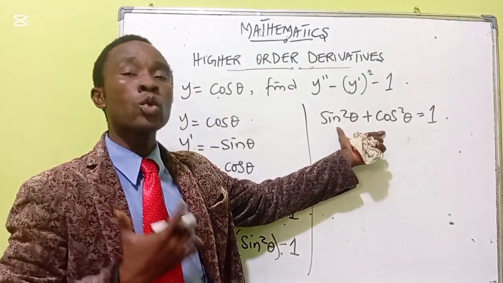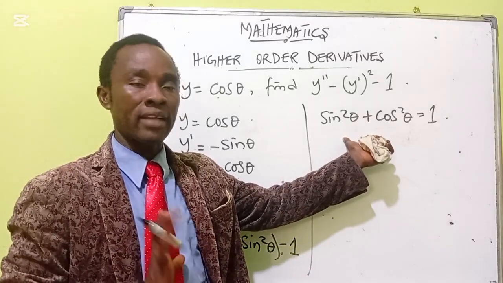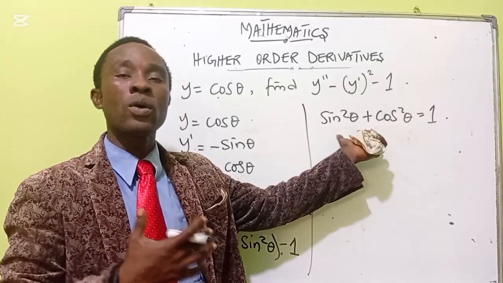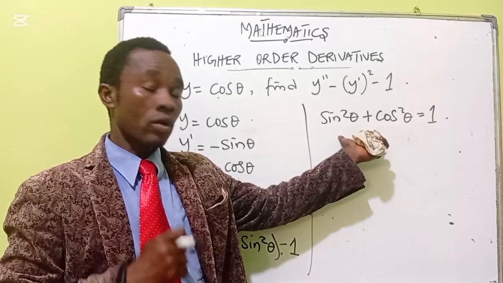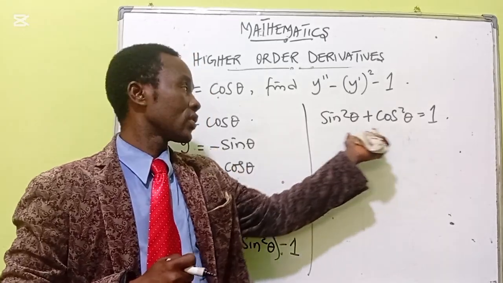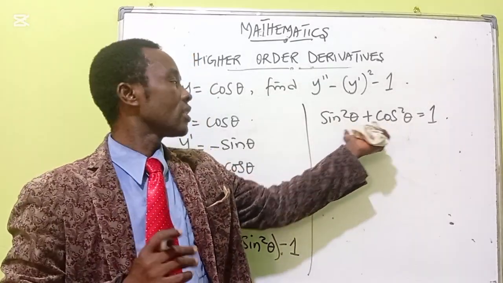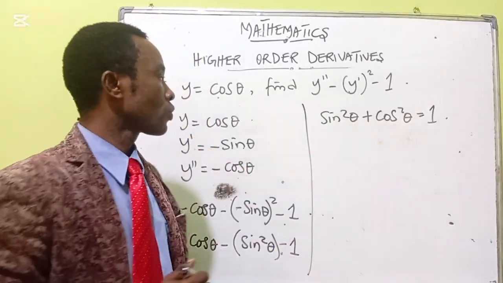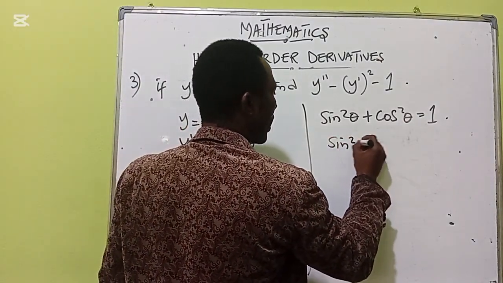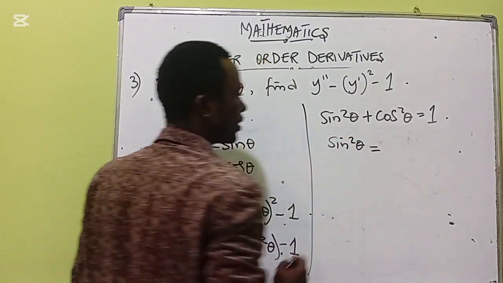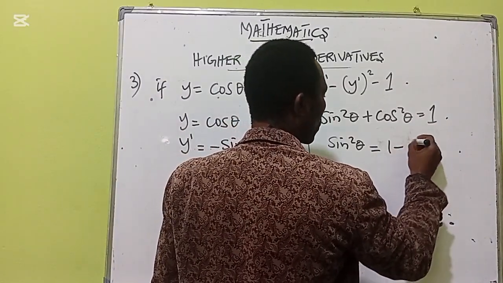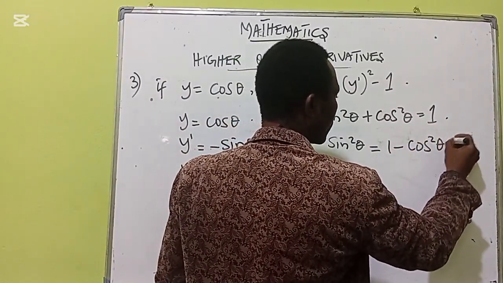This is one of the trigonometric identities in mathematics, which can be obtained from the trigonometric ratios. Now that simply means that if you make sine square theta the subject of the formula, it will be equal to 1 minus cos square theta.